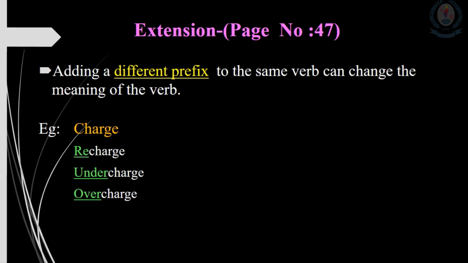Now let's have a look at those words. First one, recharge, which means to charge again. Undercharge, which means to charge too little. And finally, overcharge, that is to charge too much. Now here you can understand that different prefixes added to the same word can give us different meanings of the verb.